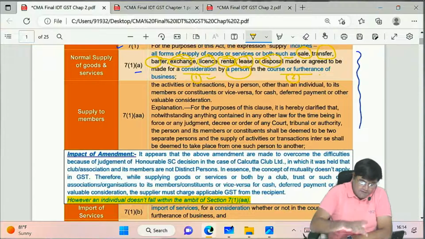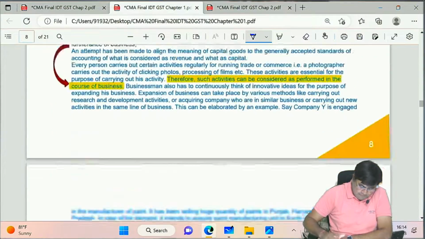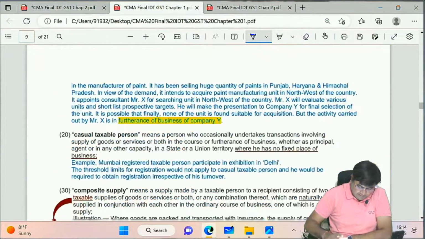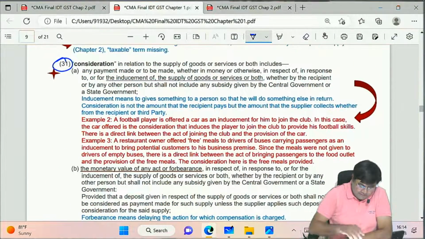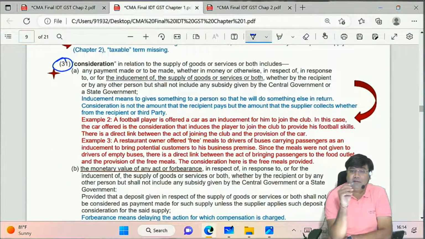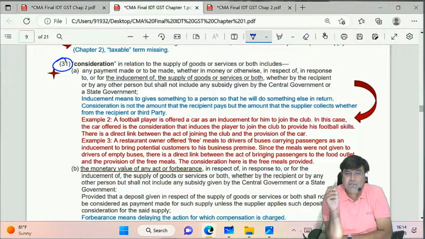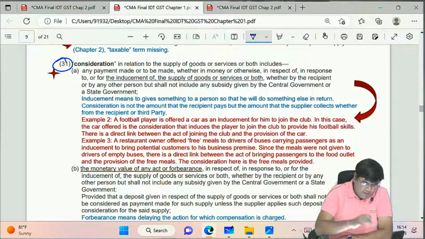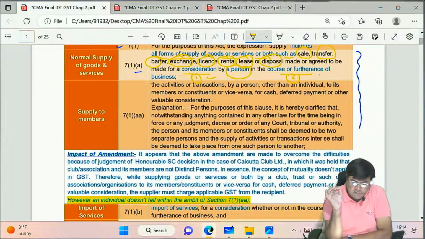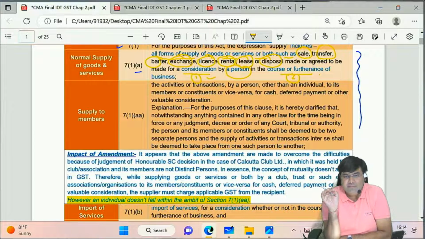In the definition of consideration, is it written that consideration should be sufficient or adequate? Not written in the consideration definition. Coming back to Section 7 subsection 1 clause A, there is nothing written about sufficient or adequate consideration. It just says consideration.